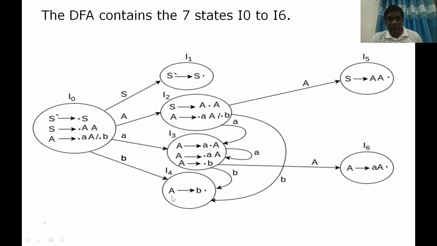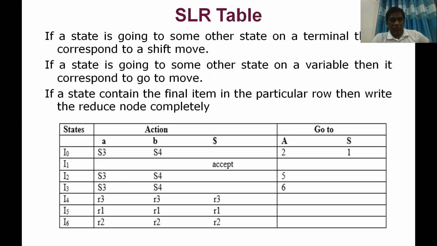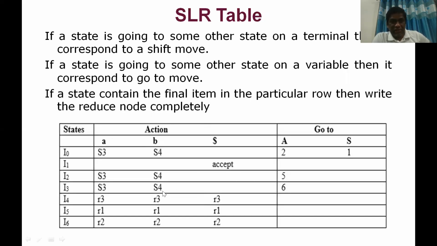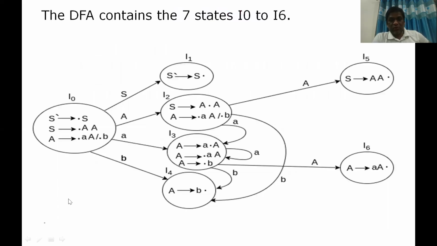I4 on small a. Look at this. I4 corresponds to A implies B dot.